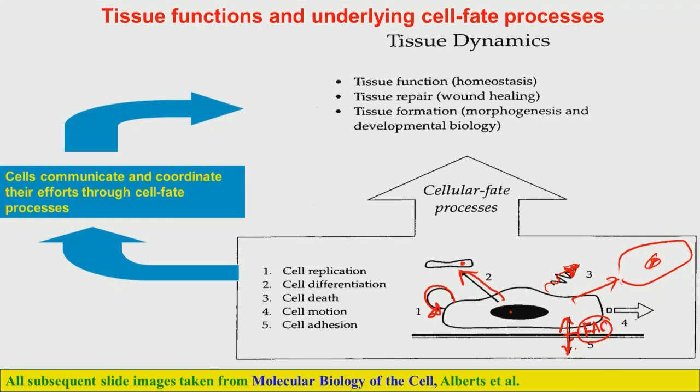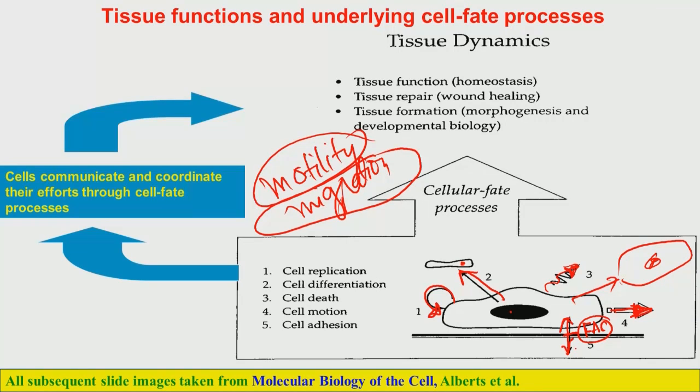Number 4 is cell motion or cell migration or cell motility. So, cell motility and cell migration are all synonymous terms. Cell migration means like a human being walks on the ground or the road, similarly the cell also can crawl on this particular biomaterial substrate.